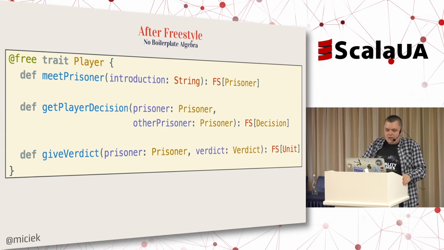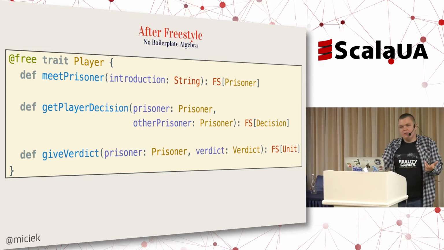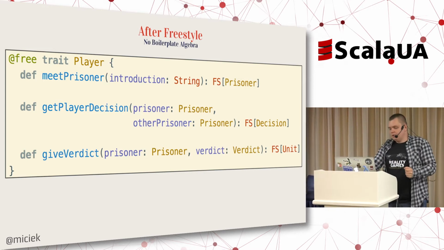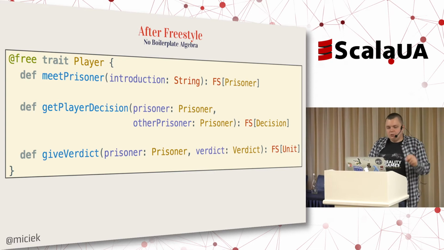On the inside, it's just what I showed you, but it looks nicer for the developer, right? To not be concerned with all this boilerplate. So from now on, I will just show you all the examples using Freestyle, and in a bit I will show you how those macros are really extended and how they look similar to what I've shown you before.